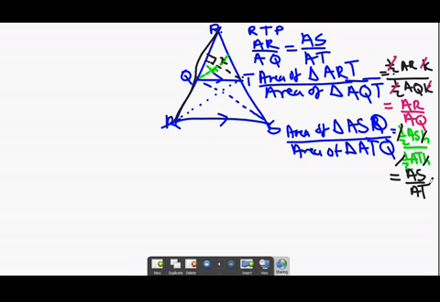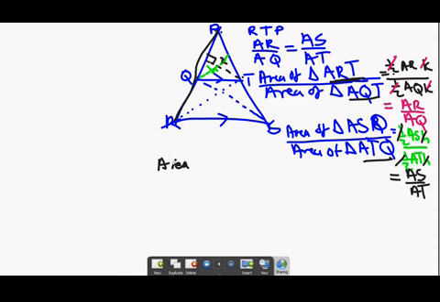Now, obviously, we know that AQT is the same as ATQ. It's the same triangle. But now we need to prove the top part. Now, we need to prove that the top parts are equal. So we're just going to write the same thing.